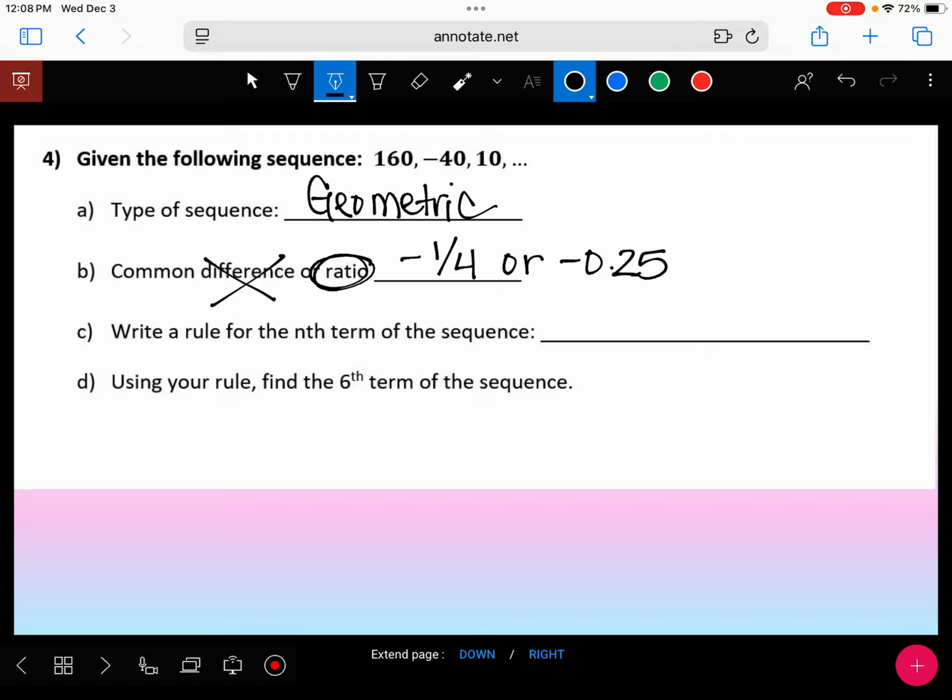And then go ahead and write your rule. T sub n is the first number multiplied by -1/4 or -0.25 to the power of n minus 1. Go ahead and use that rule to find your T6.